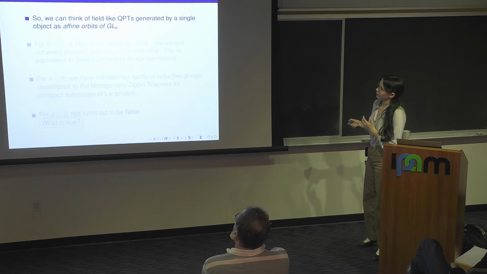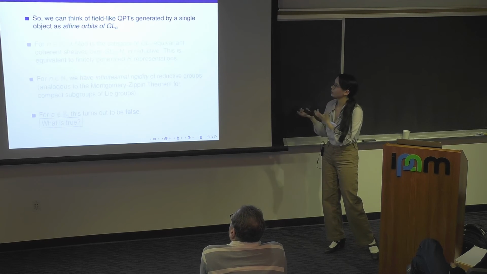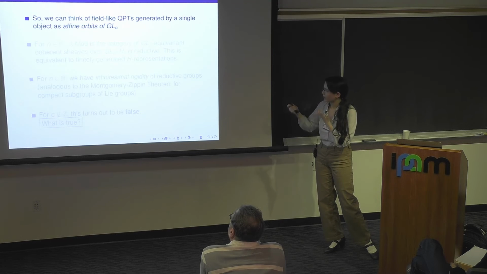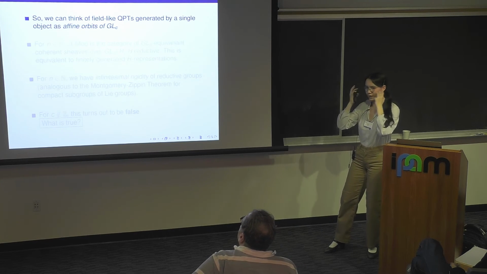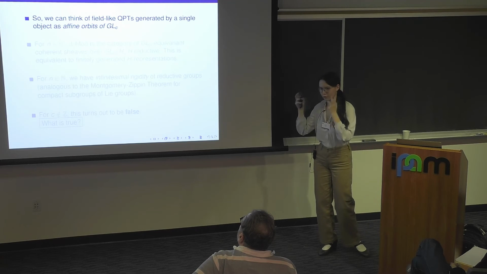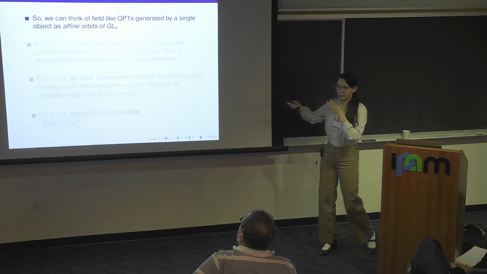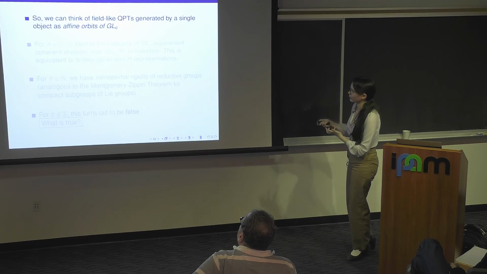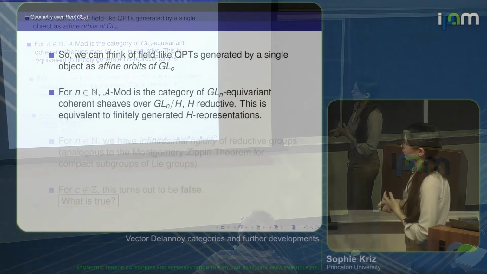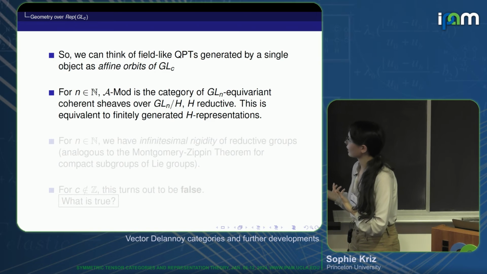And so the idea is that we should be thinking of these field-like QPT categories, quasi-Tannakian categories generated by a single object, to be some sort of way of describing affine orbits of GL_C, which is a nonsensical phrase because GL_C is not a real group, but it's a philosophy of way of thinking about it.